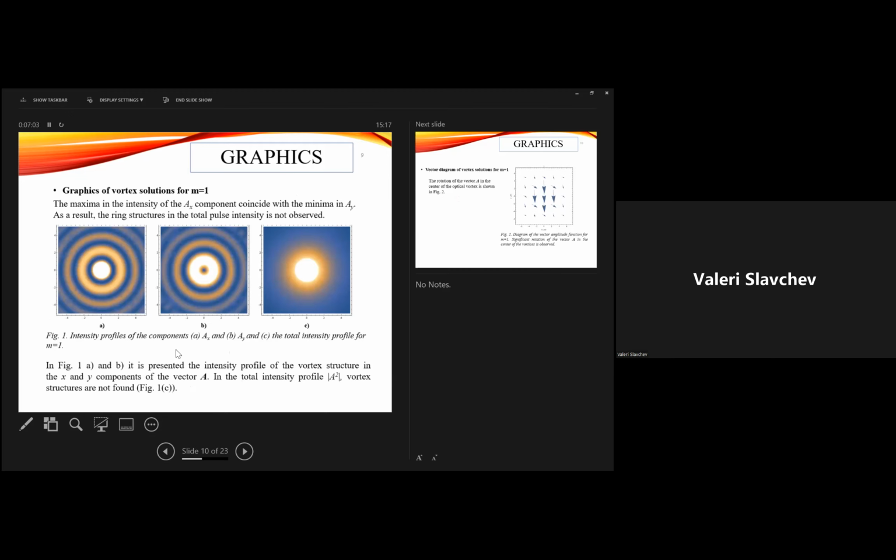After that, we made graphics of our solutions, first for vortex parameter m equal to 1.